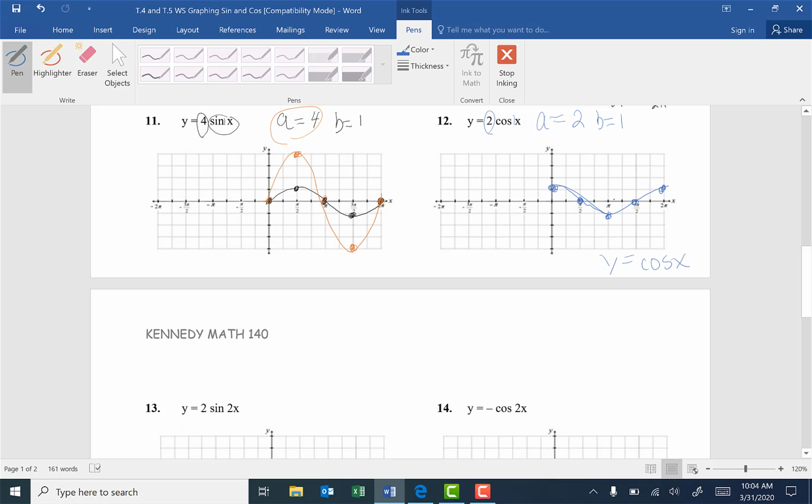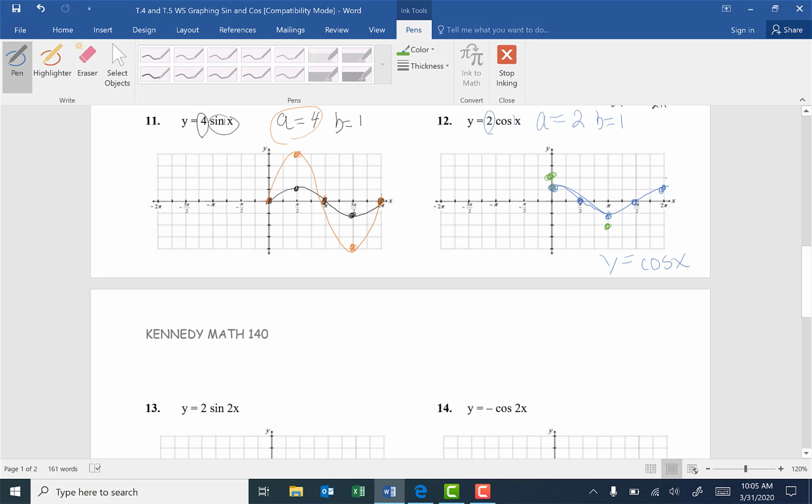There we go. So let's now look at what we have to do differently. If our A is 2, the only thing we have to do with that is this. Instead of being at 1, we go up to 2. Instead of going down to -1, we go down to -2.